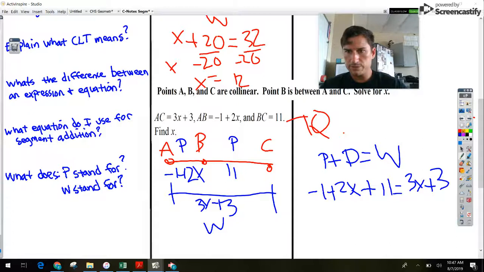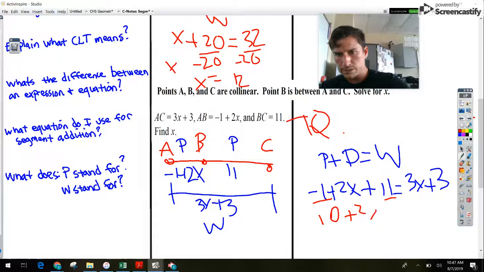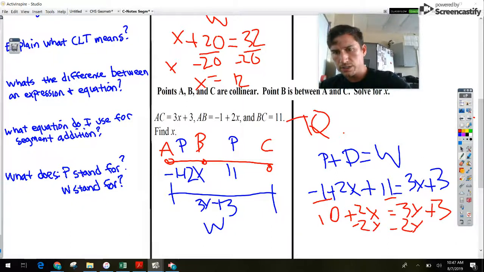So we combine like terms. The numeric terms give us 10, plus 2x equals 3x plus 3. It's a good habit to move the smaller variable term first. Anytime you jump the equal sign, you do the opposite.